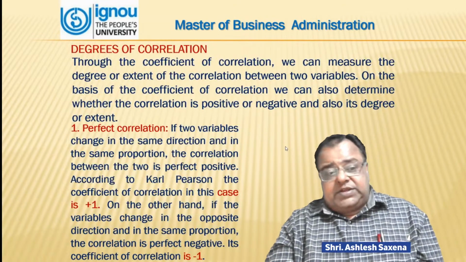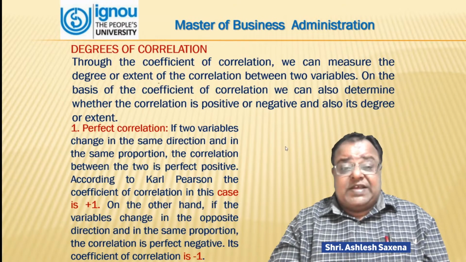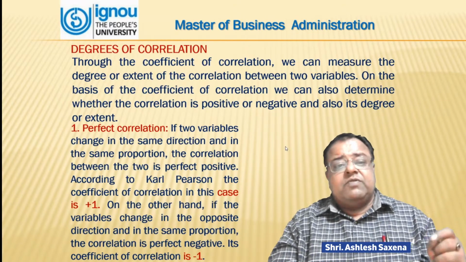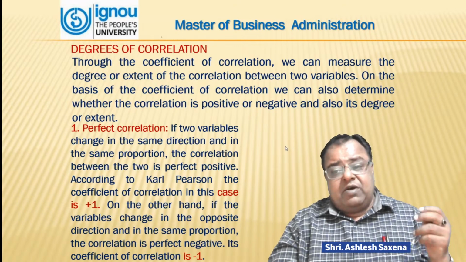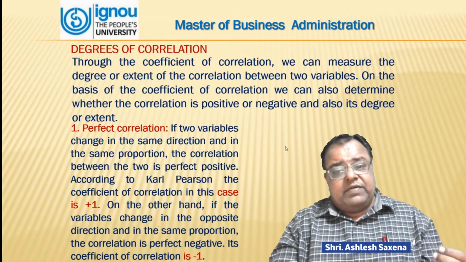What is degree of correlation? Through the coefficient of correlation, we can measure the degree or extent of the correlation between the two variables. On the basis of coefficient of correlation, we can also determine whether the correlation is positive or negative, and also its degree or extent.